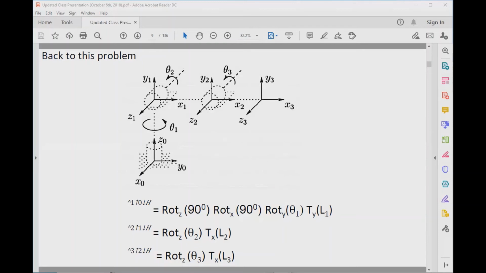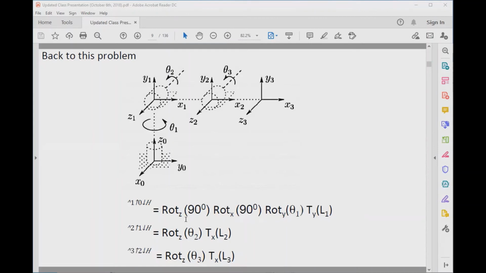Now your x0 is pointing along x1, and y0 is pointing toward the other direction. Then you rotate about the current x-axis. Now your x0 is along y. Then you rotate about y by theta 1.